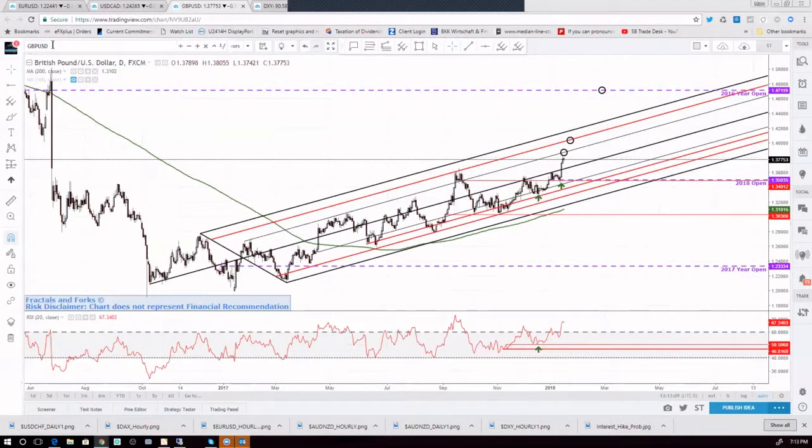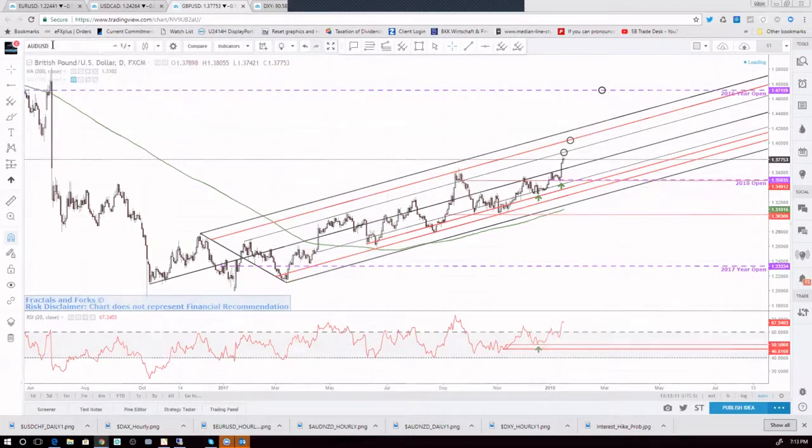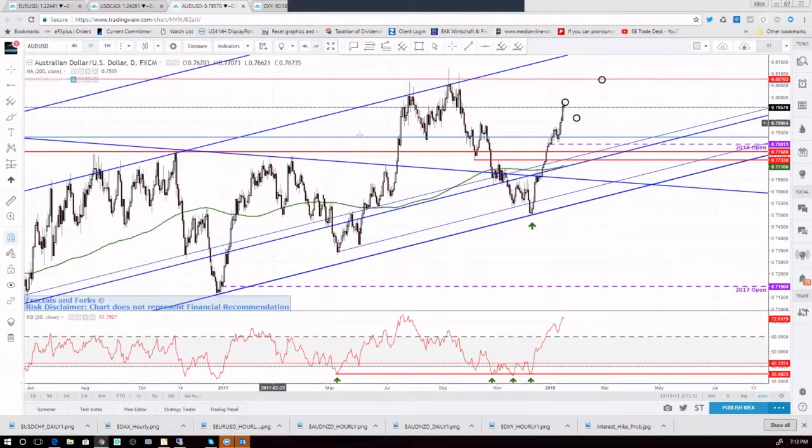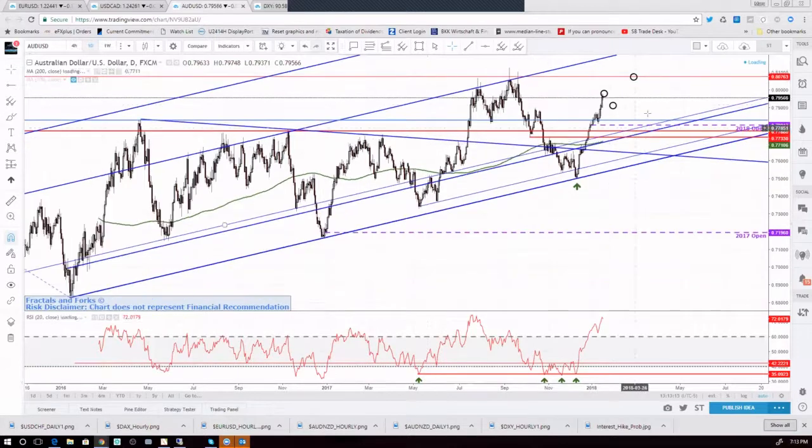Aussie, I'm just going to stick to the daily charts. Aussie actually reached my first target, and I thought there would be a pullback, but it doesn't look like it's coming, and there's news tonight.